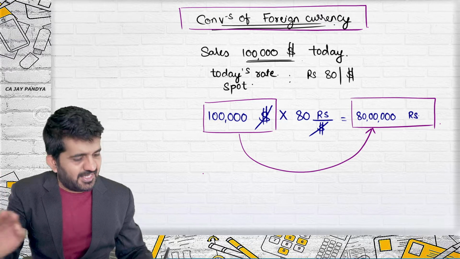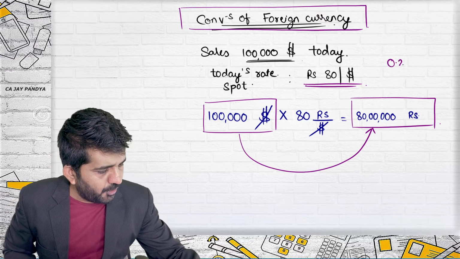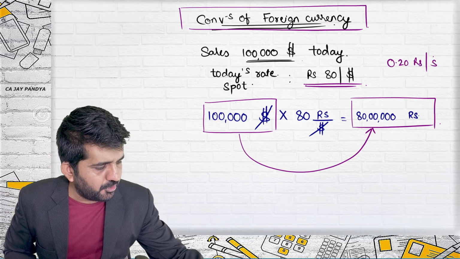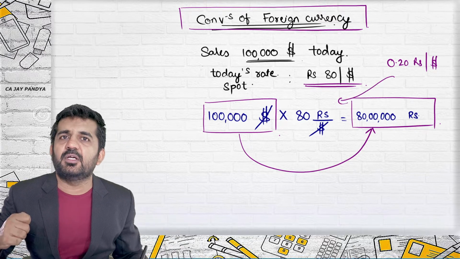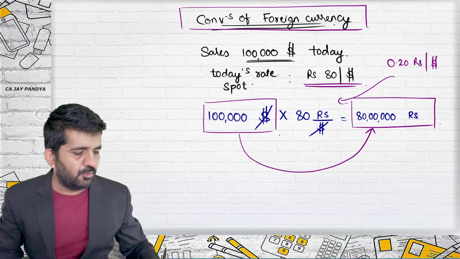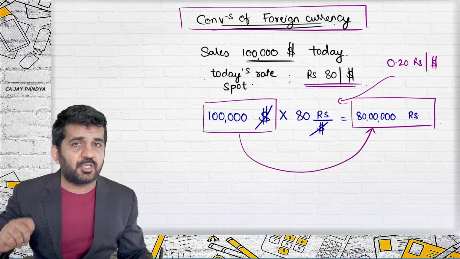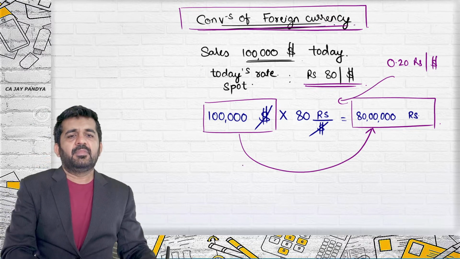The answer is yes if the quote is direct. If it was 0.2 rupees per dollar, you could not have multiplied it directly. But if the rate is direct, you can directly multiply it and find the answer in terms of rupees. So this was conversion of a foreign currency.